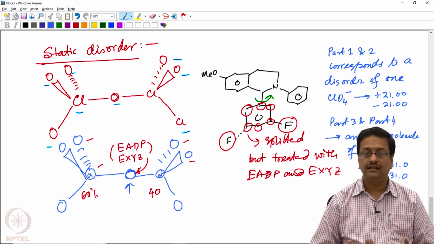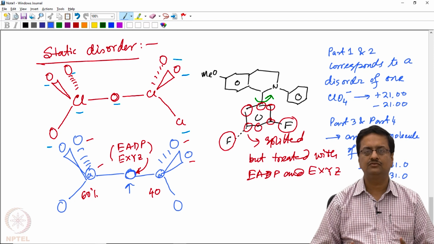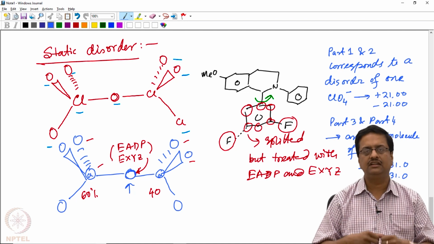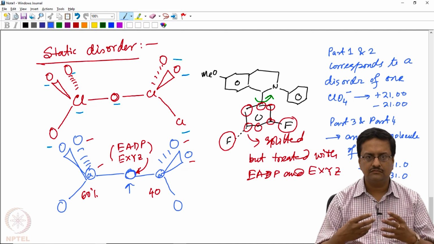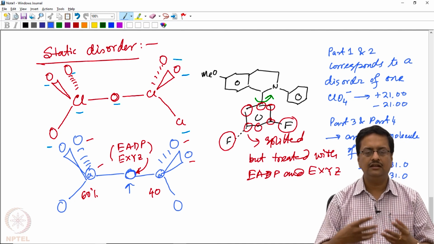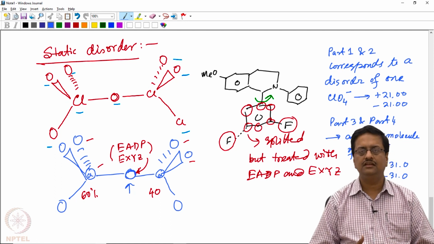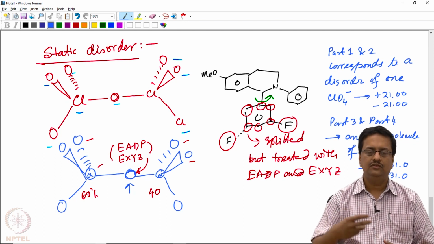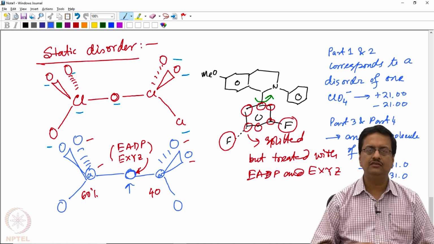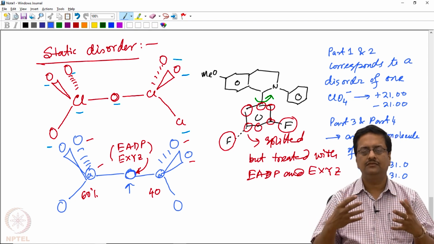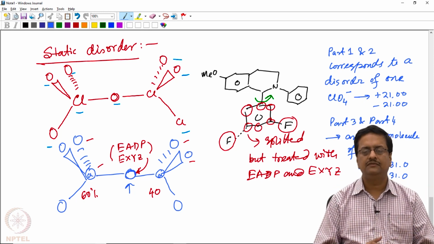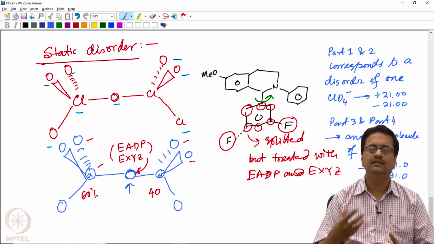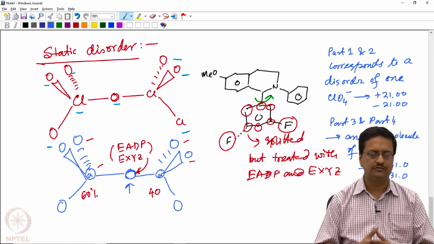But if you suddenly cool a crystal from room temperature to 100 K in a fraction of a second, all those dancing, vibrating, jumping molecules or ions will be frozen at their sudden location, and the result will be seen in the asymmetric unit, which will have the anions or molecules or parts of molecules oriented in different ways with different types of occupancies, and it will become a very cumbersome situation to refine those in a given scenario.